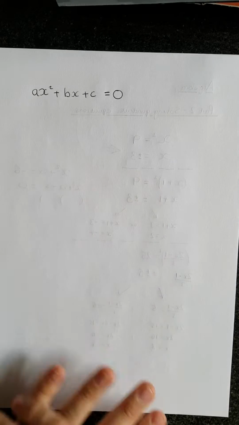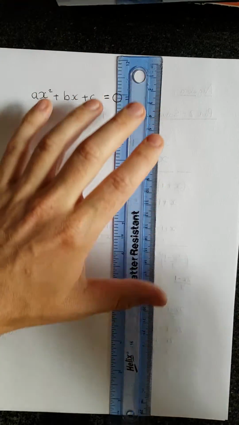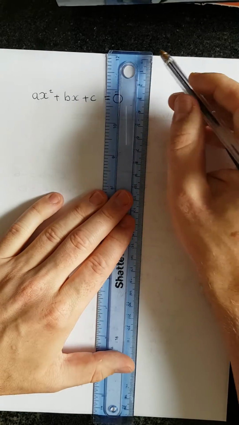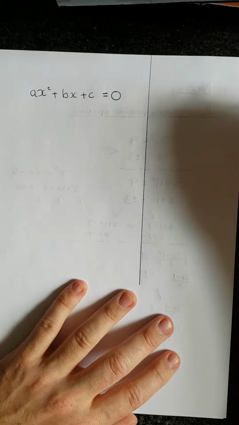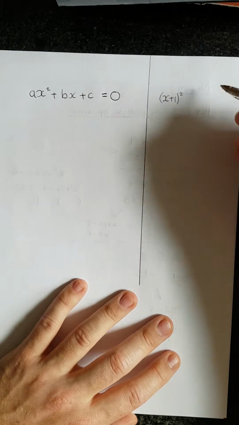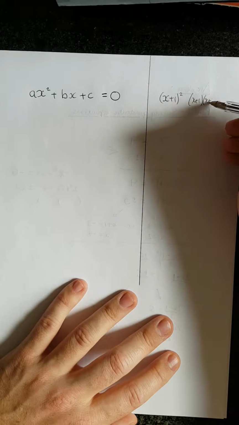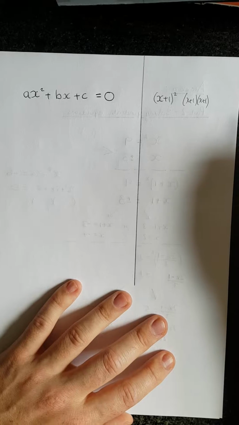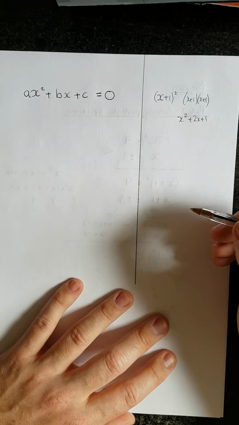So how do I write this as something squared? Okay, I'm going to rule off this side margin and do some calculations. So, if I had x plus 1 all squared in a bracket, that would be x plus 1 times x plus 1, which is going to give me x squared plus 2x plus 1.